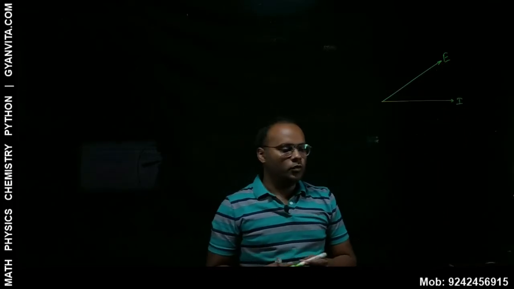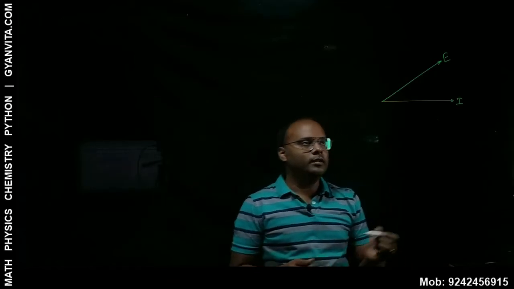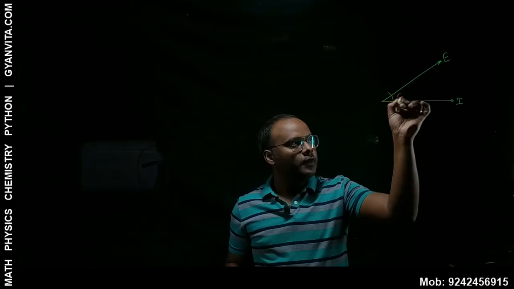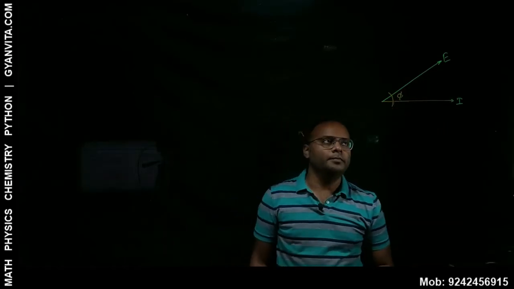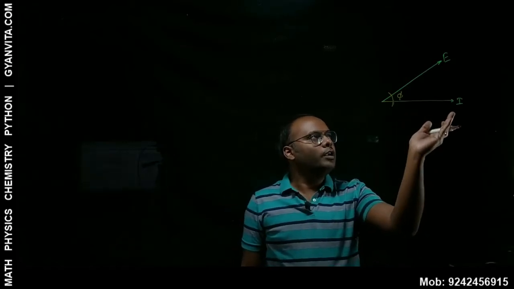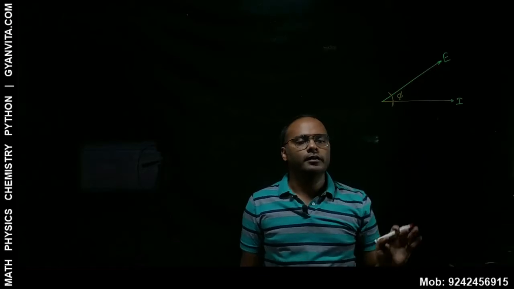So this is your EMF and this is current. Two vectors we are showing here. And we know that there will be an angle phi between them. Now, there will be a component of I along E, and there will be a component of E along I. It is possible, right?